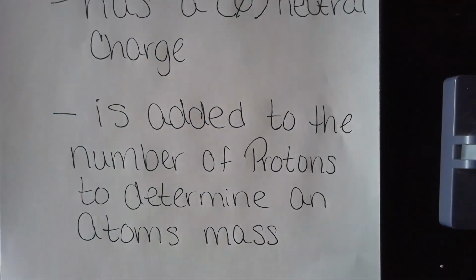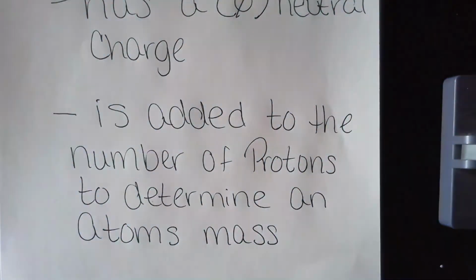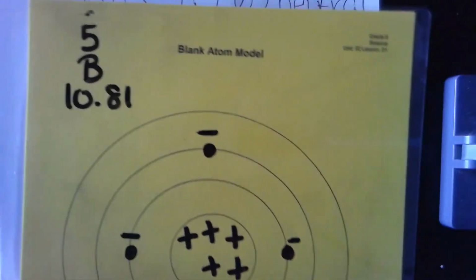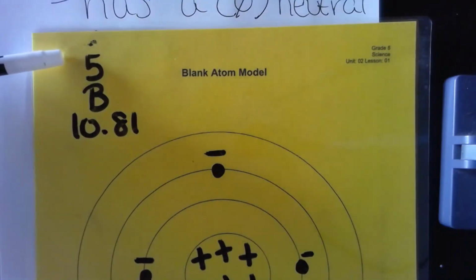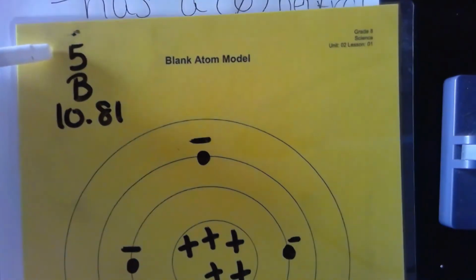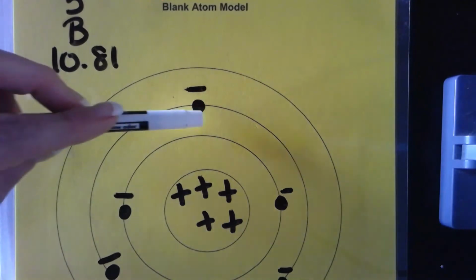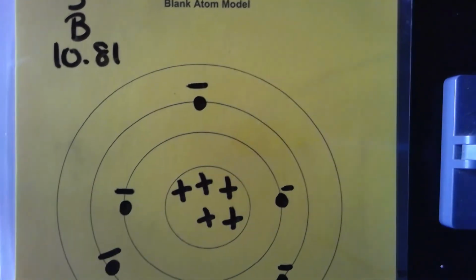All that means is, remember on here, well, here, I'll do this. On here, we picked boron, which has an atomic number of 5, and that tells you how many protons and how many electrons, okay, there are. So we put 5. 1, 2, 3, 4, 5. With me?